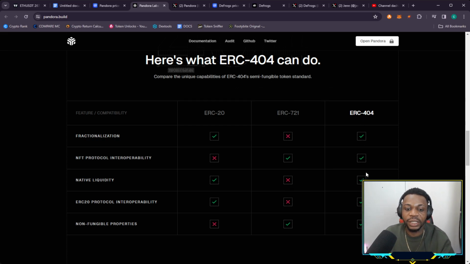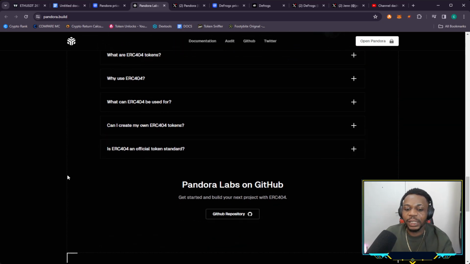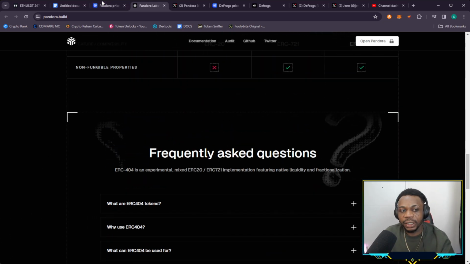So ERC404 is bringing the ability for this whole native liquidity to merge into the whole NFT space. And say ERC20 protocol interoperability. For the ERC20, yes. NFTs, no. ERC404, yes. And if you can see, for non-fungible properties, ERC20, no. ERC721, yes. ERC404, yes. So guys, this is the first project I am speculating on.